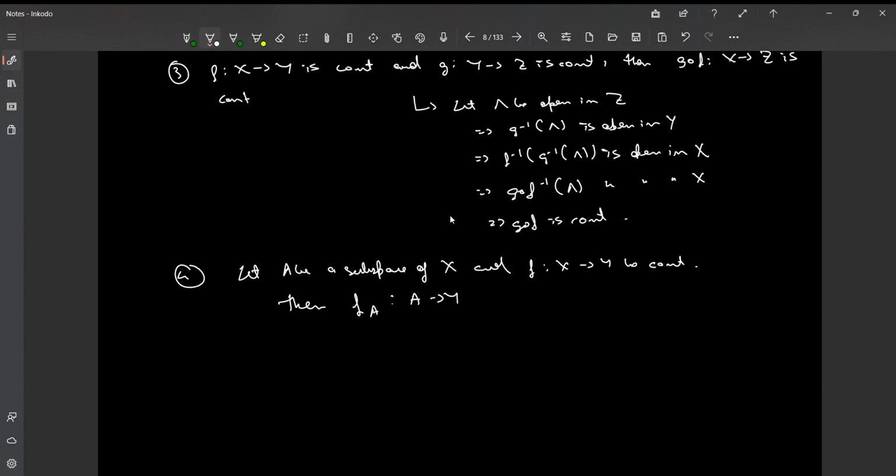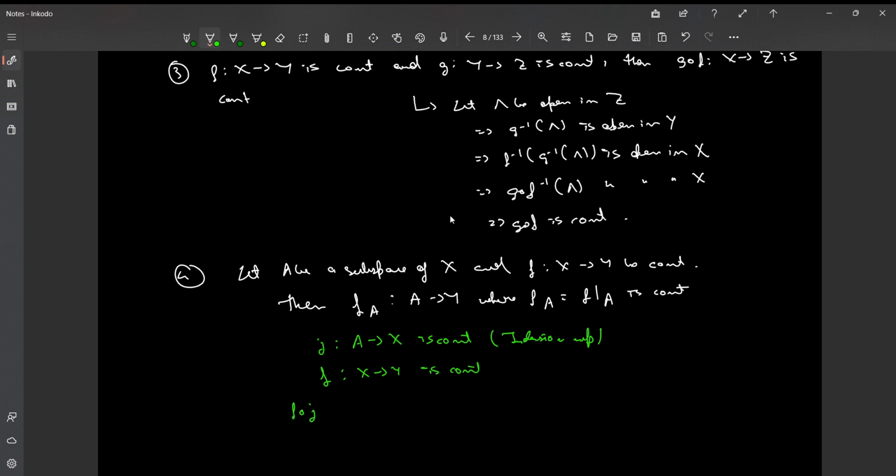Then if I restrict this function to the subspace A, then f subscript A from A to Y, where f_A is nothing but the restriction of f to the subspace A, is again continuous. Why is it so? Because we can use the concept of the inclusion mapping here. We know that there is a mapping from A to X which is continuous. So this is the inclusion map.